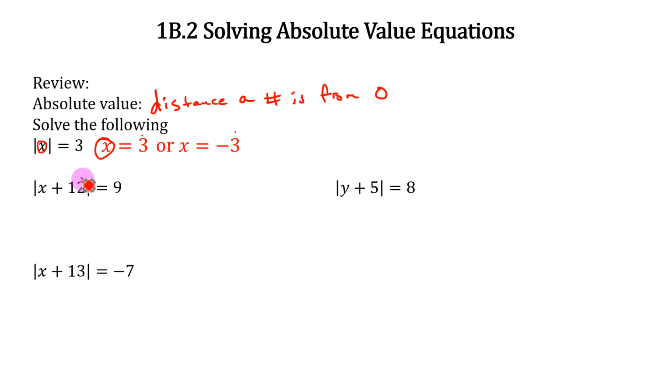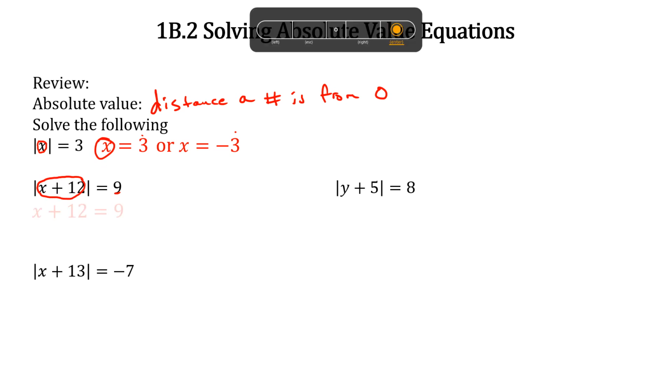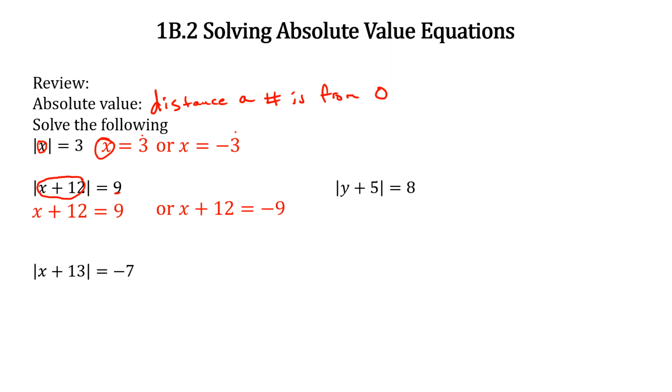So here what we're saying is a number is 9 units away from 0. So whatever this is, x plus 12, is either 9 or x plus 12 is negative 9. So we have to solve two equations.